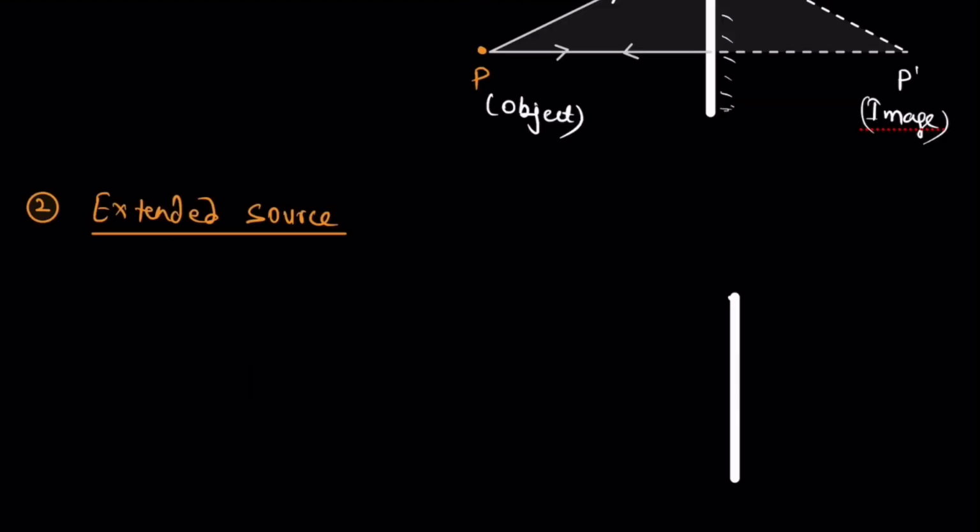This is our plane mirror, with a non-reflecting surface. Here we are placing the object. This is the object here.